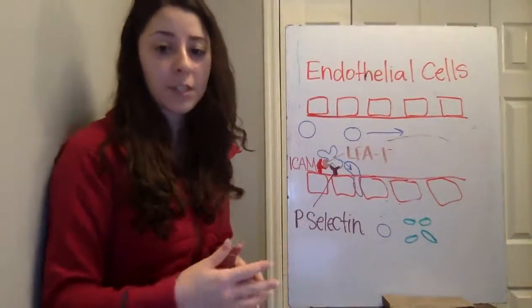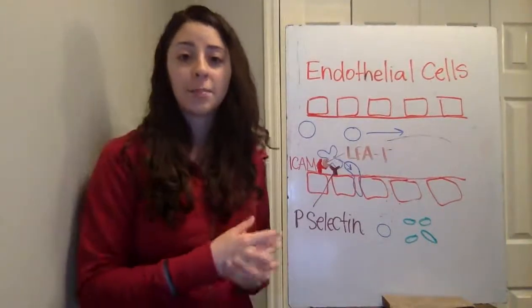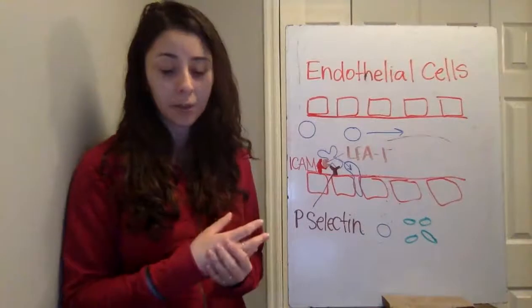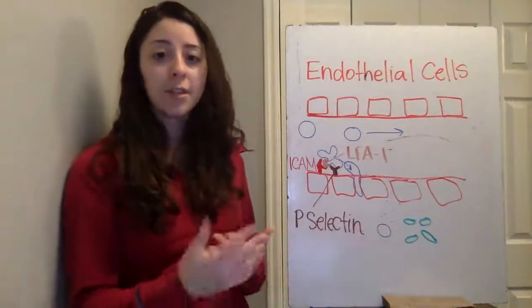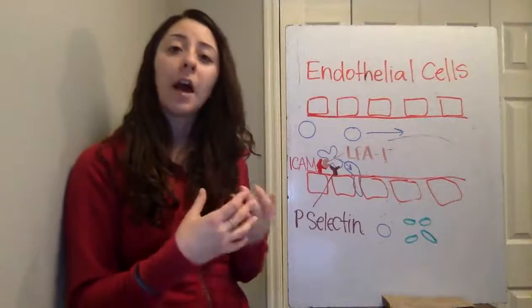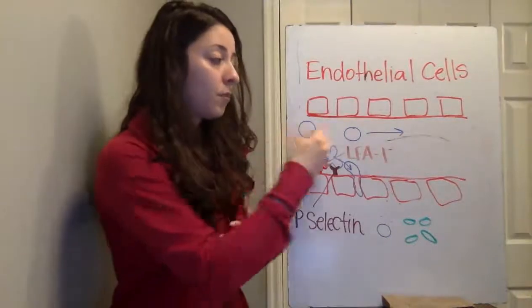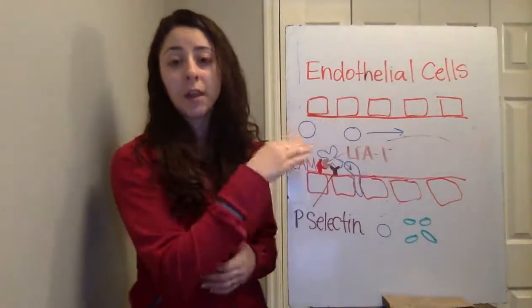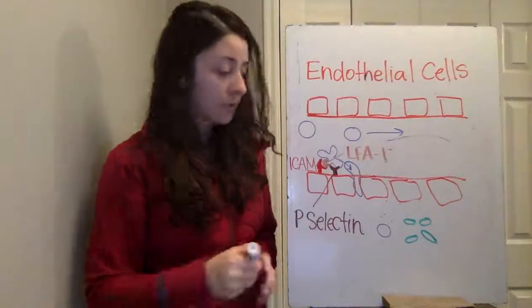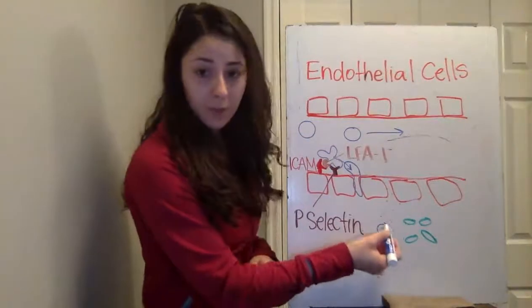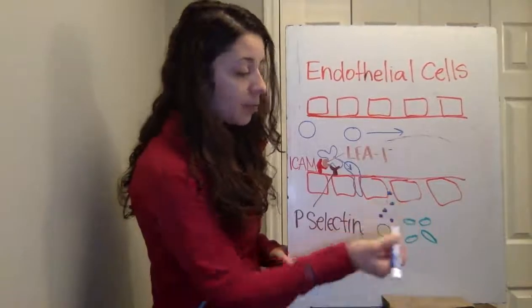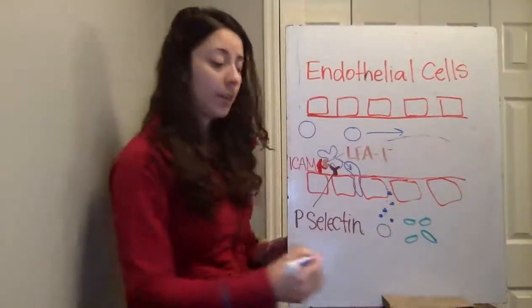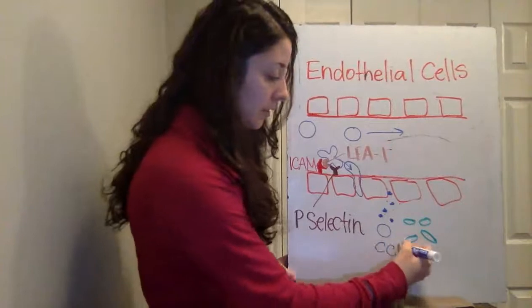And then the fourth step, which is migration, is mediated by chemokines. So as I mentioned, the resident immune cells secrete chemokines that help guide the immune cells that are trafficking to the site of infection. So here we have an immune cell, and it's secreting chemokines. And an example of a chemokine that I would like you to know is CCL2.